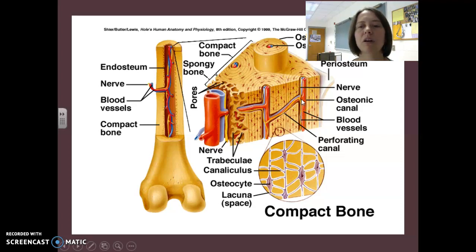Also, there are blood vessels that go through the canals, and those are called your perforating canal. And this is spongy bone, which we're going to talk about in a minute, and they don't have osteons. They have spaces and then these little bony structures. So that's called trabeculae.